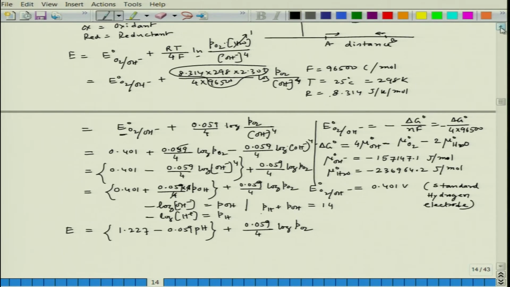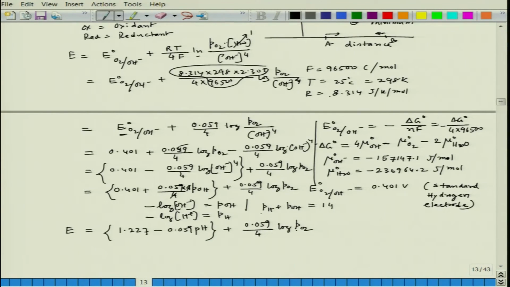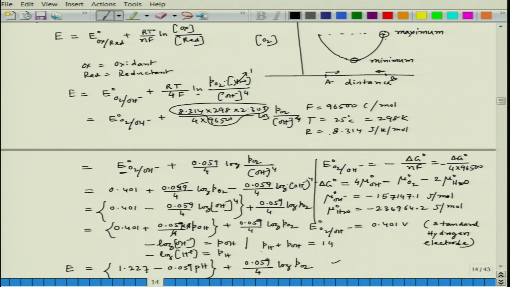Now, let us see what is happening there. Here oxygen content is maximum, and here we have minimum. Now if we apply this particular formula, what do you think about the potential of that cathodic reaction at this point and at this point?